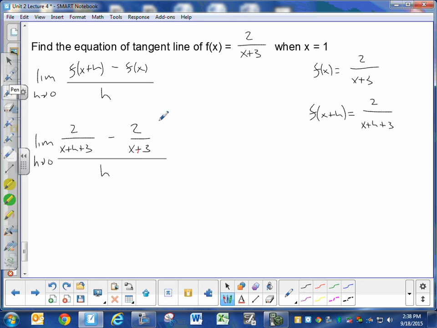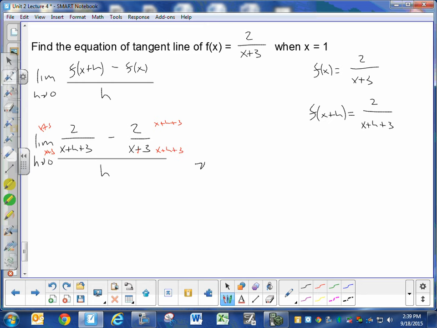So I need to multiply by versions of 1 so that I don't change anything. This is where we're going to have to multiply each fraction by the other denominator. So I would multiply this by x plus h plus 3, and this x plus h plus 3, and this one I'd multiply by x plus 3.